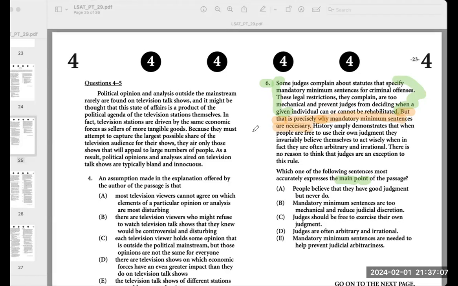So the sentence that is the most supported by the information and is the opinion of the author that they want to persuade us of, that would be the conclusion.